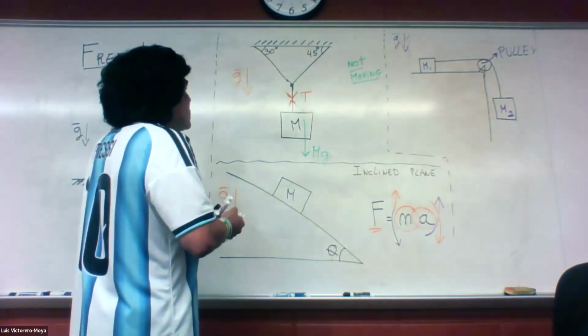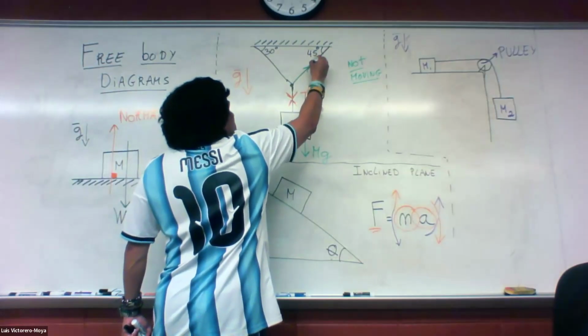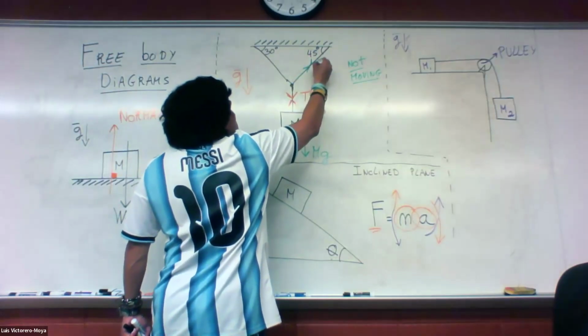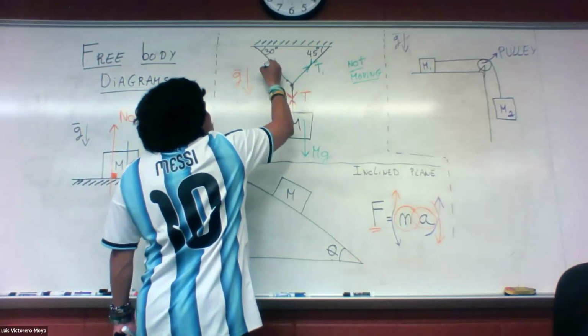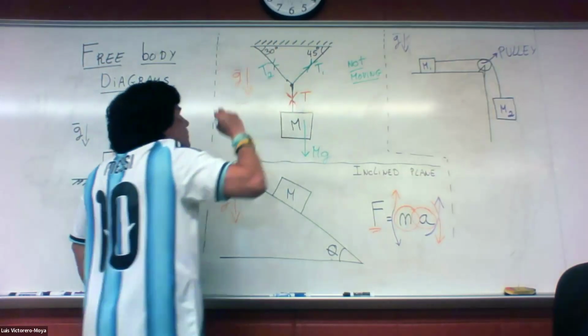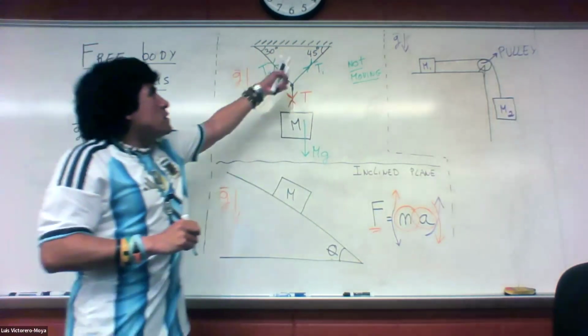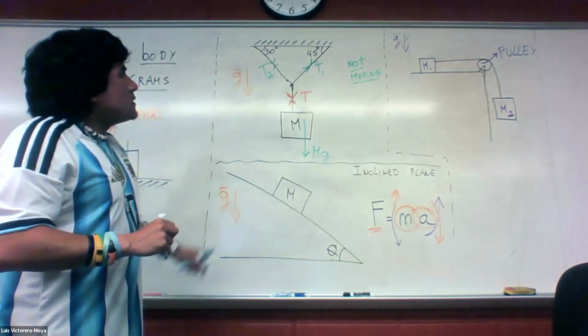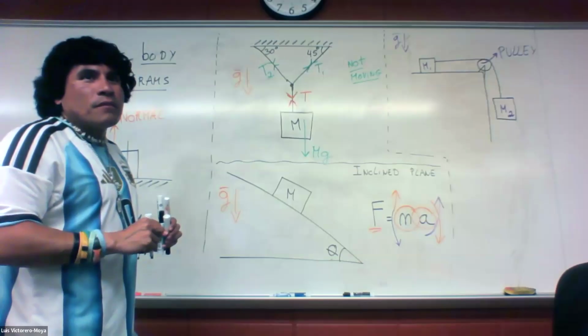So the tensions are not the same. This is T1. This is T2. Why are the tensions different? Because the angles are different. So that's your free body diagram for this.